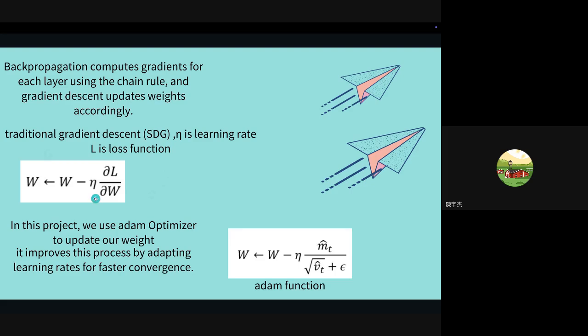Here η is the learning rate and L is the loss function, and we calculate the gradient of L. But in this project, we use the Adam optimizer to update our weights, which adapts the learning rate for faster convergence. This is the Adam function.